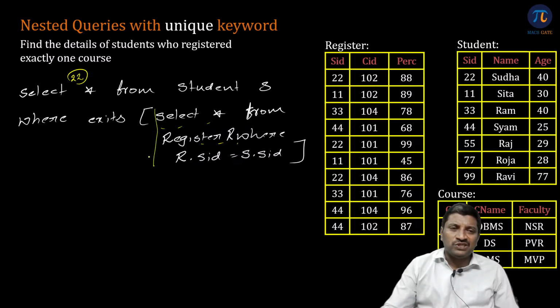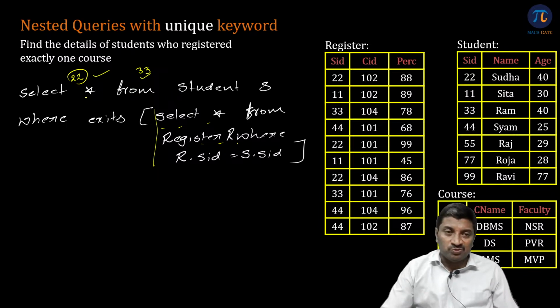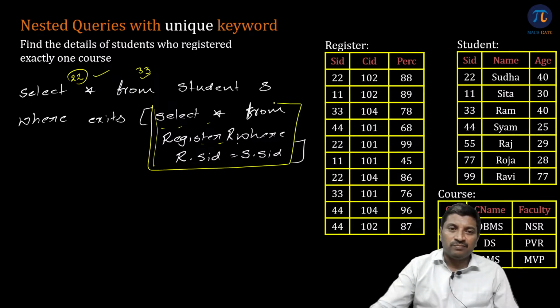If I got some courses, I will display 22. I will take 33. If I get some courses, I will display 33. But the problem here is, if he registered more than one course, then also you are displaying it. But now I don't want that. I want the students who registered exactly one course. That means here the count must be unique.